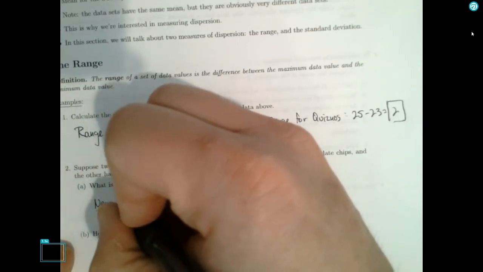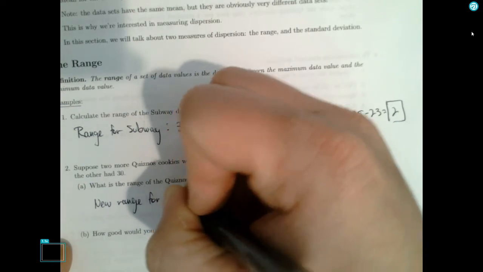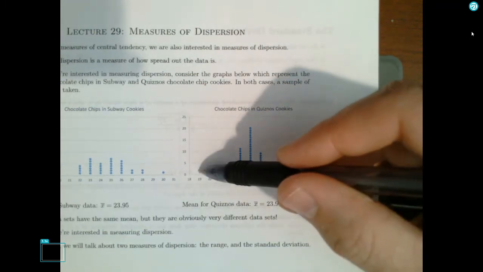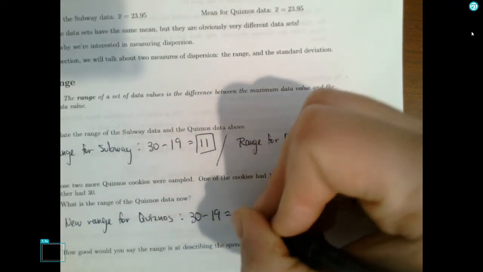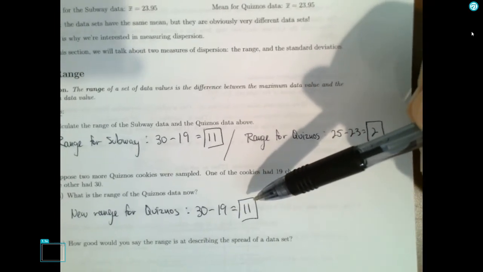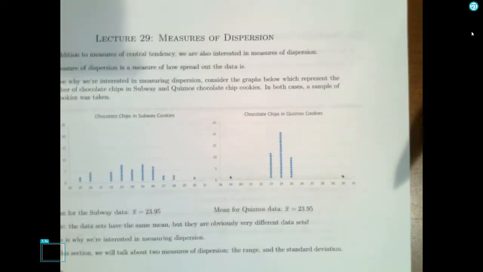So the new range for Quiznos would be the largest data value, 30, minus the smallest data value, 19. Okay, so now the range for the Quiznos data matches the range for the Subway data when you add in these extra two cookies.